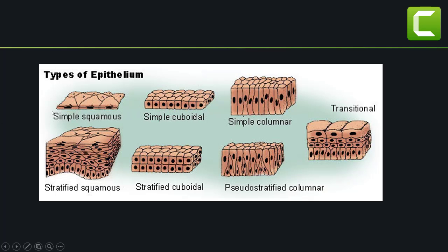Epithelial tissue is divided according to the number of layers of the cells. It is divided into simple, when there is one layer of cells resting on the basement membrane, and stratified, the multiple layers of cells resting on the basement membrane.